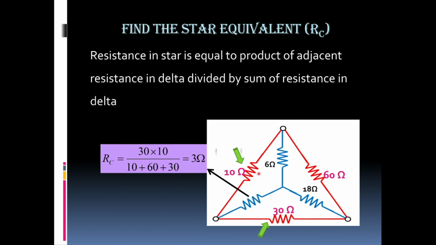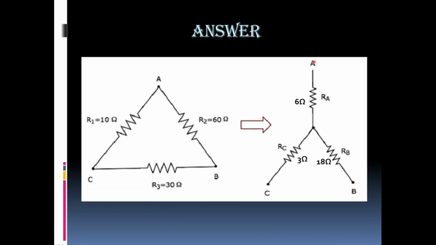The adjacent for RC is 10 and 30. So it will be 10 into 30 divided by the sum, 10 plus 30 plus 60, and that will give you the answer 3 ohm. Now we have found the resistance of all three resistors. So this will be the final answer. You draw the star circuit and write the answer: 6 ohm, 3 ohm, 18 ohm.